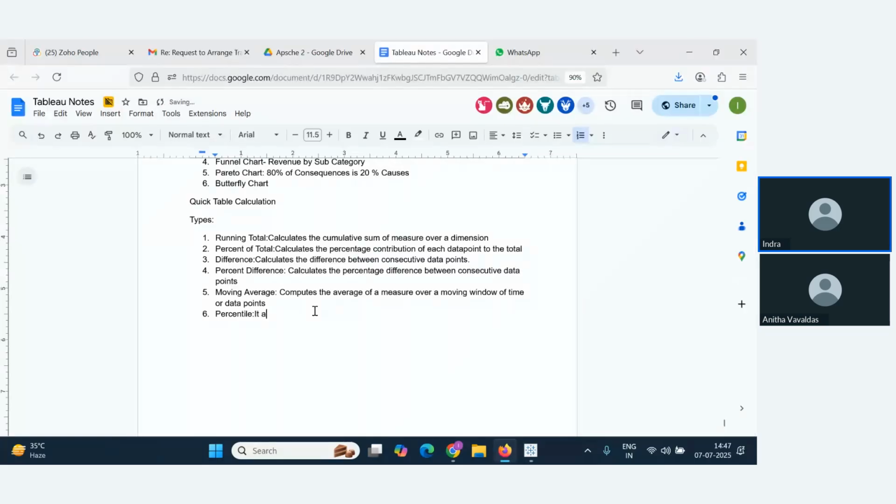Percentile allows you to calculate the value of a specified percentile for a given measure.